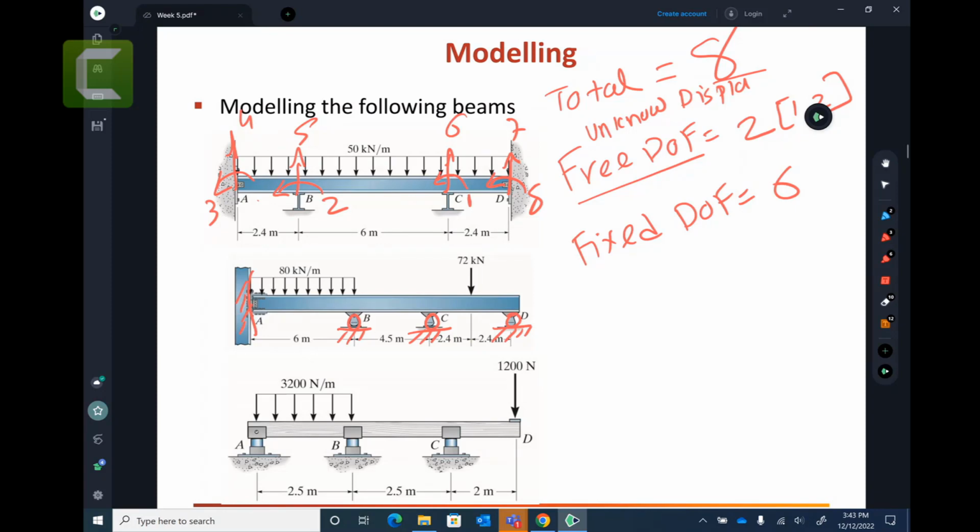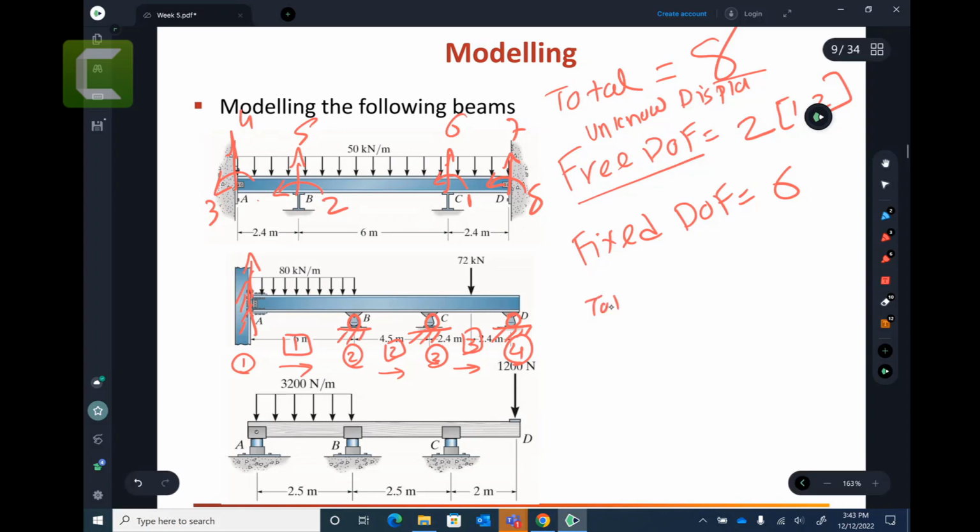Okay, so now here we have a fixed support here, and you have roller here, roller here, roller here. Probably 1, 2, 3 are the members with location vectors, and 1, 2, 3, and 4 are the node numbering. Now how many degrees of freedom here?